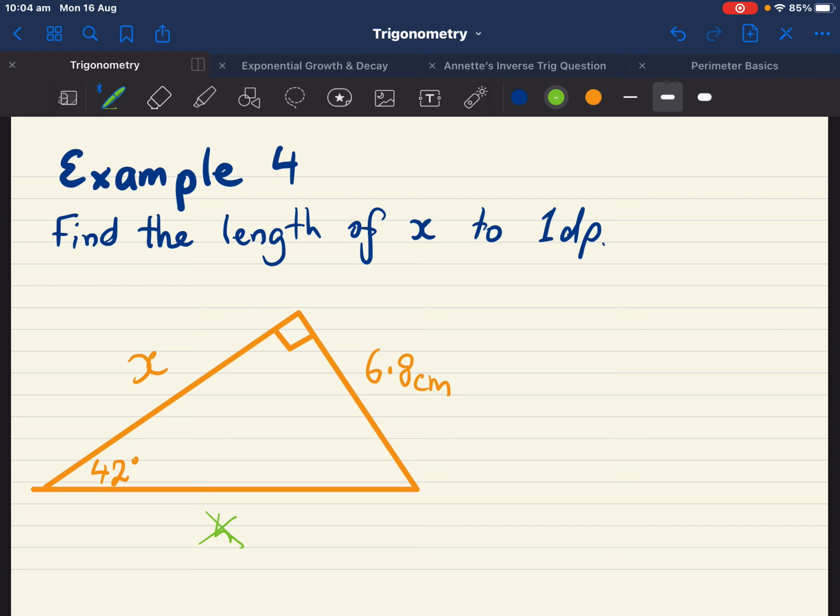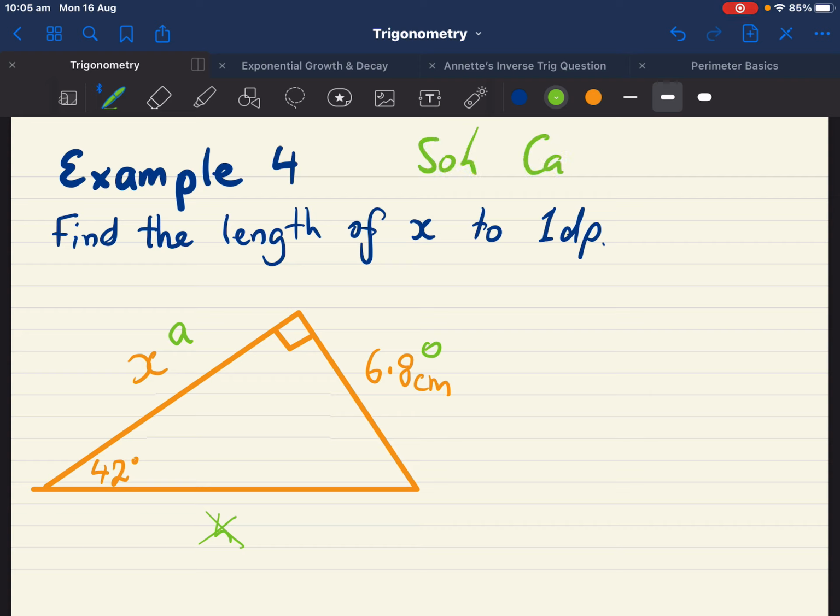One we know, the other we're trying to find. Which sides are they? Well, look at the 42 degrees. On the opposite side of it, you'll find the opposite side. The side next to it, or adjacent to it, is where you find the adjacent side. So we have an O and A.